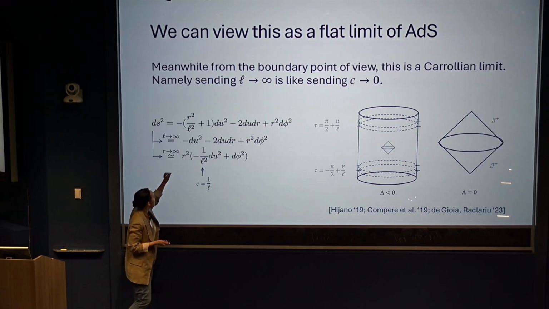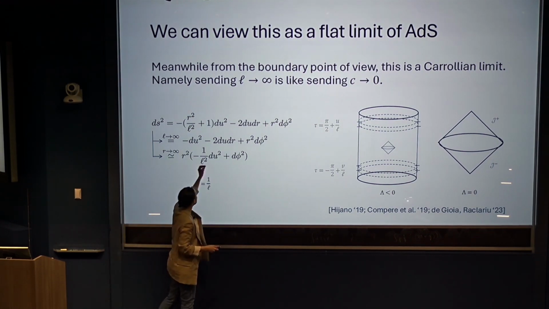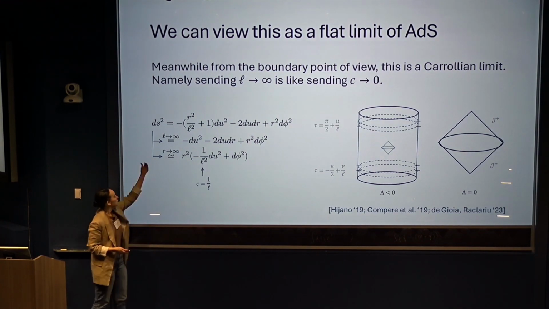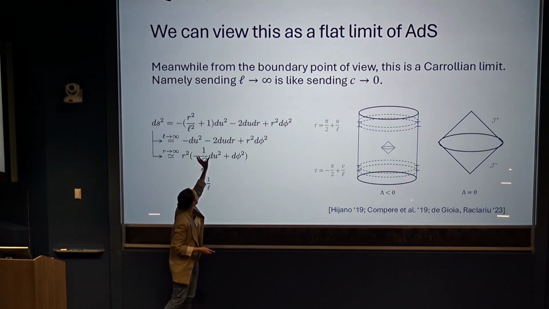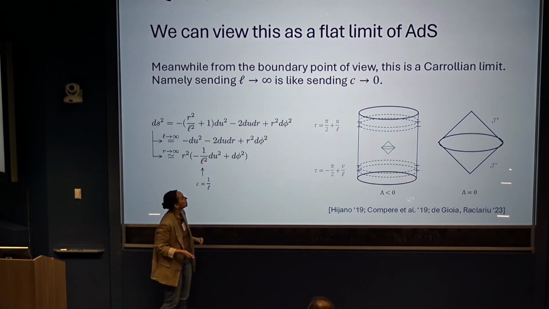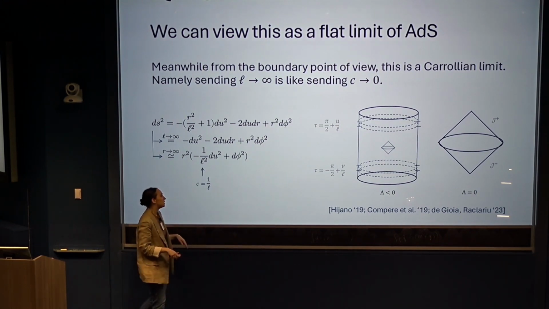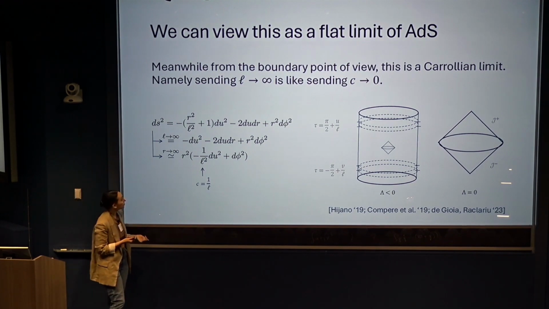And so that leading metric in that large r limit looks like just a cylinder, which I would have expected in AdS because I am in AdS right now. But then I can subsequently think about taking that flat limit, and it looks like the speed of light in that metric is being sent to 0. And so that's a sense in which there is naturally this Carrollian theory that we think of as living in some band of my AdS spacetime.